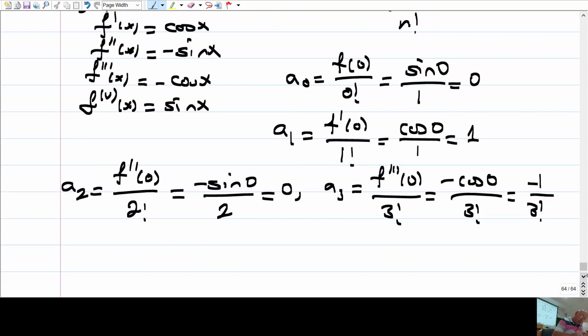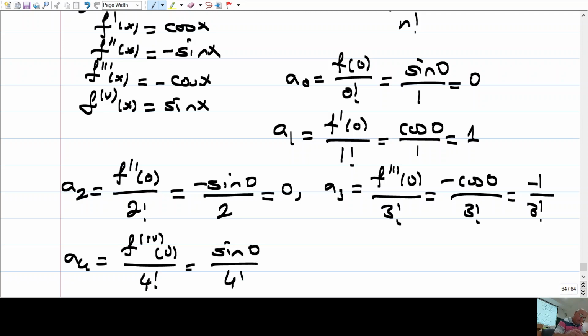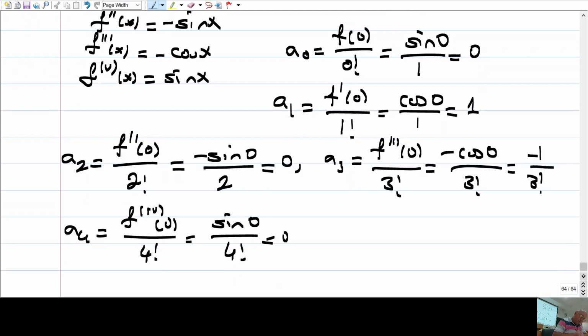And then A4 is fourth derivative of f at 0 divided by 4 factorial. Fourth derivative is just sine x again, so it is sine 0 divided by 4 factorial, which is 0.